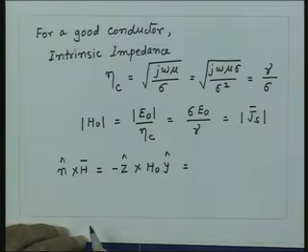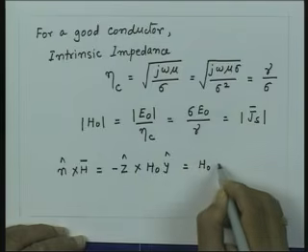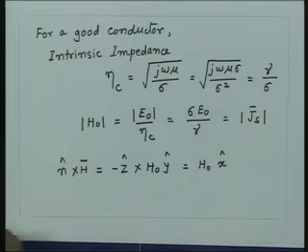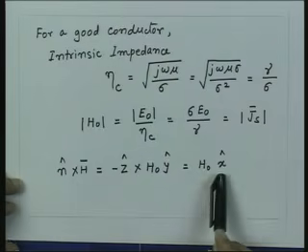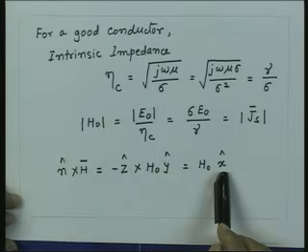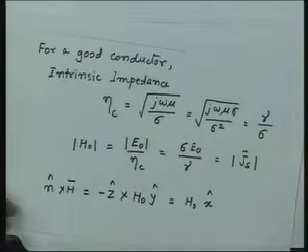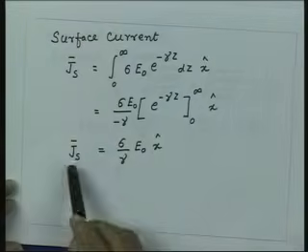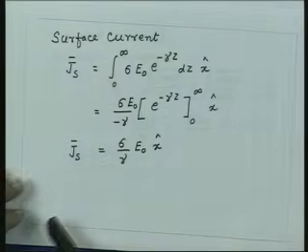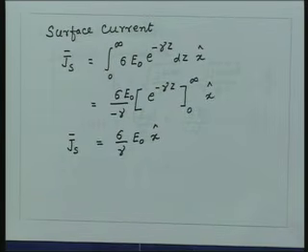So, that is equal to H0 into x direction. So, the n cross H, that gives me the direction which is x direction. We see that the surface current which we have got, that quantity is related to the magnetic field. That means this quantity which we have got here, which we called as surface current, in fact has all the properties which the surface current should have.